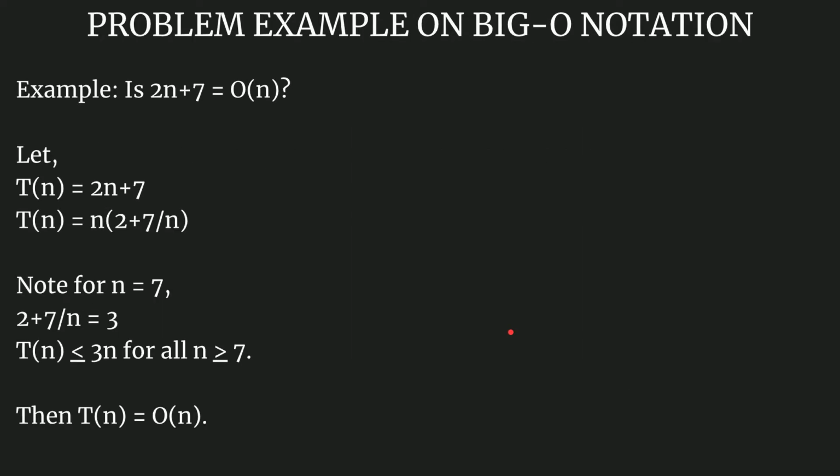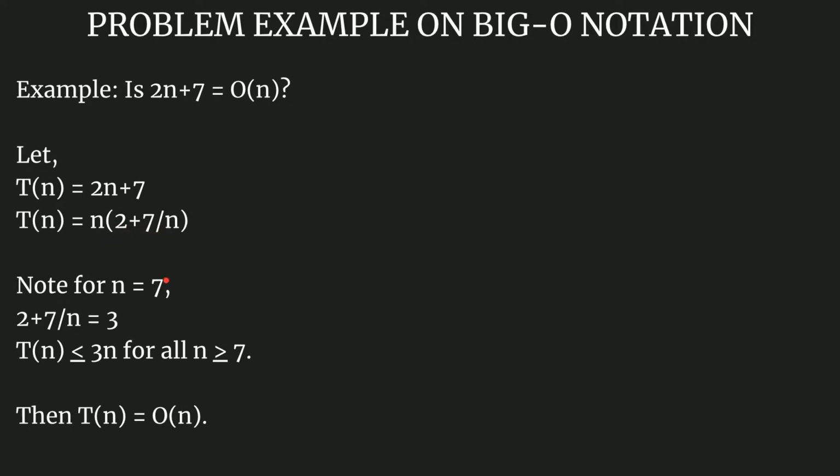We can take up an example for this big O notation. So if the question is, does 2n plus 7 have a time complexity of big O of n? Let's say that t of n is equal to 2n plus 7, which means we can write it as n into, inside the bracket, 2 plus 7 by n.